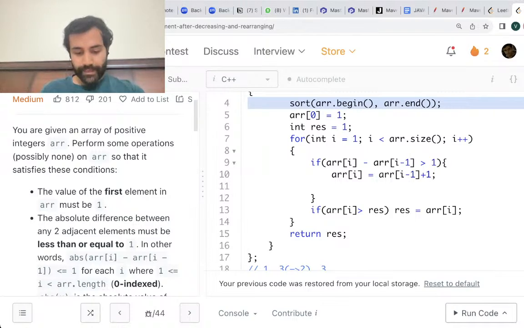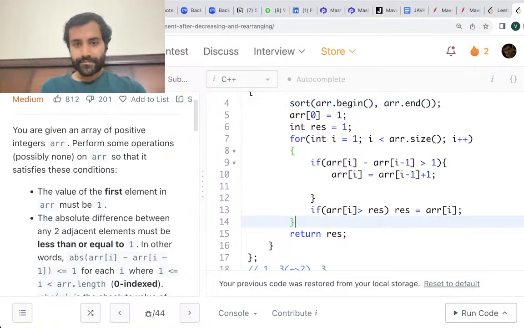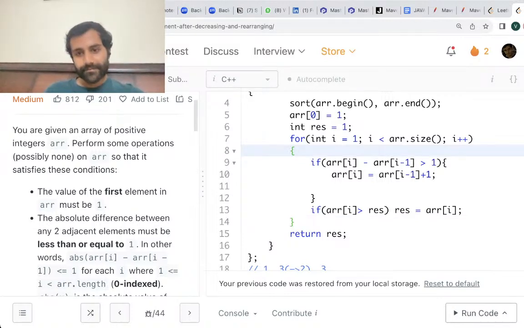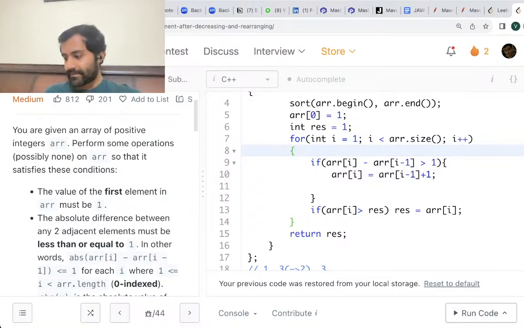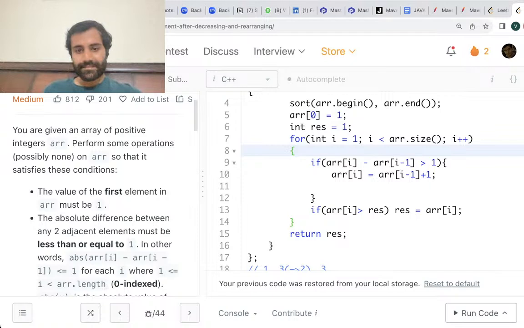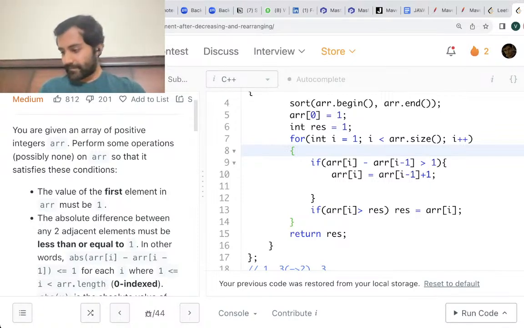Can you solve in order n? Do you have a solution of order n? Anyone who has an order n based solution here? Without using extra space? I thought of one. Did you submit it?